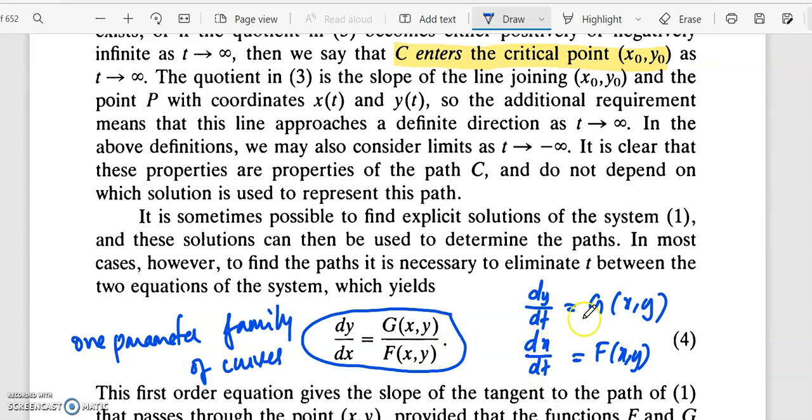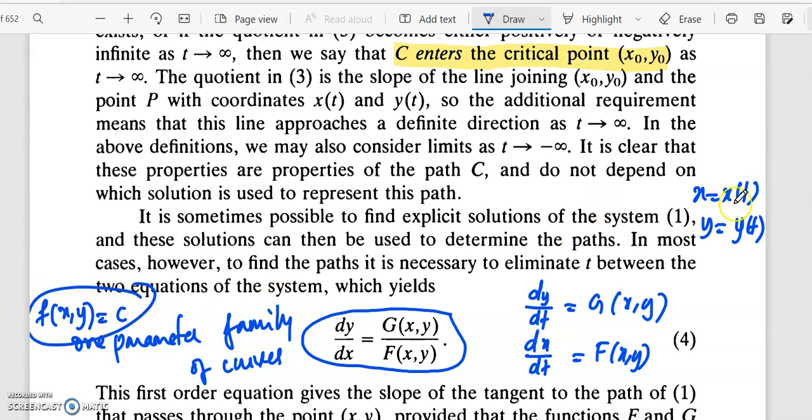In the first case, we have x equal to x of t, y equal to y of t. So your solution will be in this form. If you are taking this one parameter family of curves, we will get a solution in the form f of xy equal to c. So the difference between these two sets of solutions is that here we will be getting directed paths, while the curves you get here are undirected.